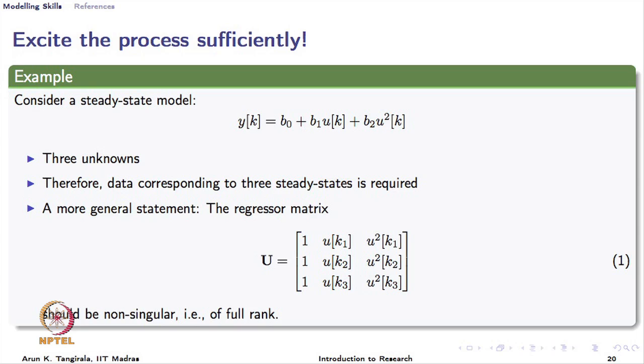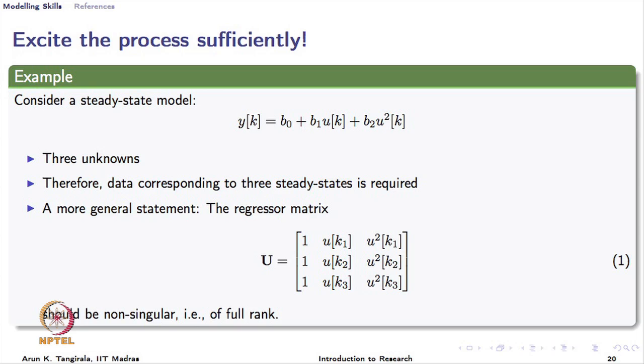The y is the output and u is the input, and y is a quadratic function of the input. So, I have 3 unknowns, and therefore, I need data corresponding to 3 steady states clearly. In other words, if I write the equation for estimating the 3 unknowns in a matrix form at these 3 different instants in time k1, k2, k3. Remember, we only have sample data, therefore, we use this notation.